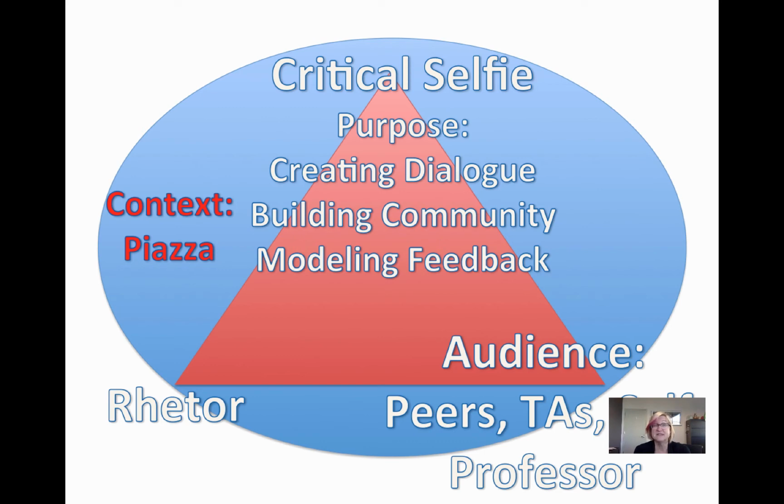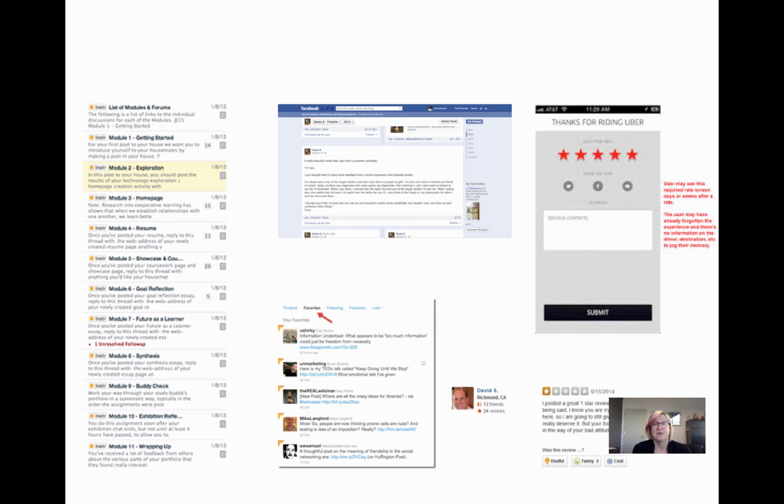Now the purpose of the selfie assignment is to create dialogue, to build community, and also to model feedback. Now, in online environments, you might see a lot of different kinds of feedback systems. Those feedback systems are often oriented around what we might call evaluative feedback. So you give something a certain number of stars, you like something on Facebook, you favorite something on Twitter.